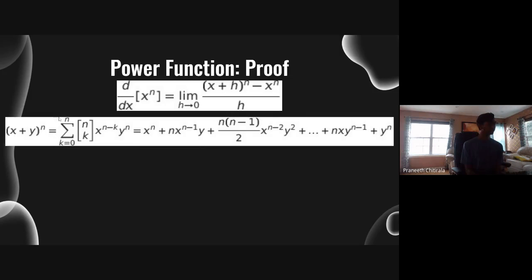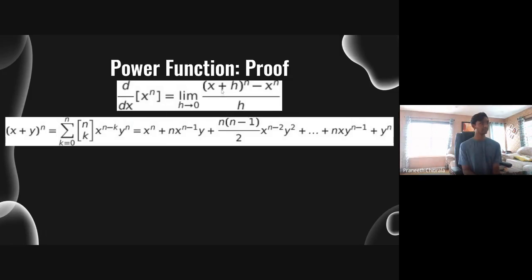This is the simplified sum here, but it essentially just becomes x to the n plus n times x to the n minus 1 y plus whatever all of these are. This is just a way to rewrite x plus y to the n power, and we'll substitute that for x plus h to the n power.